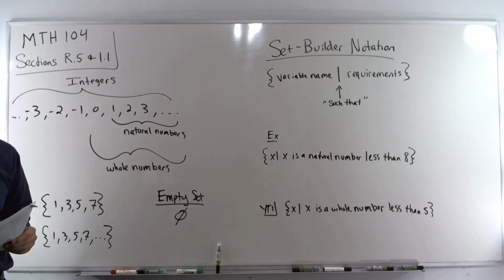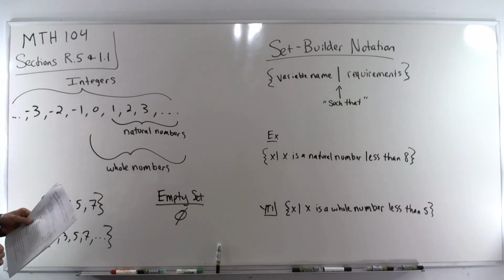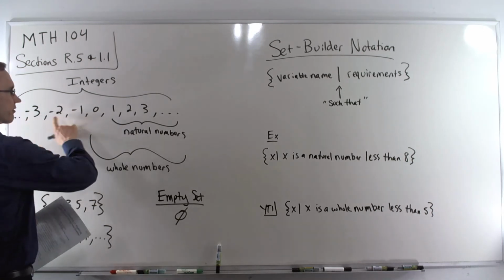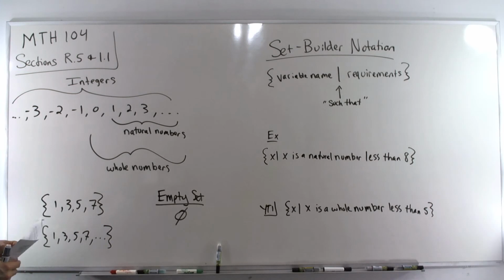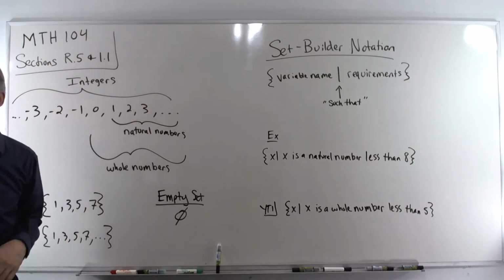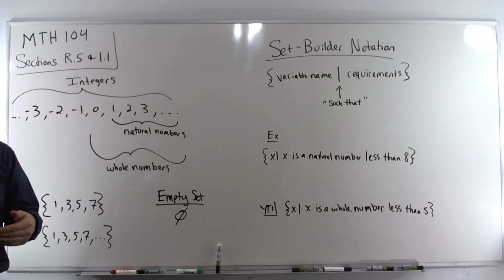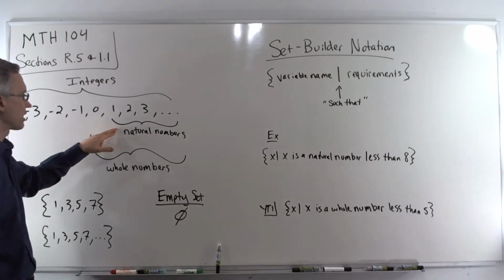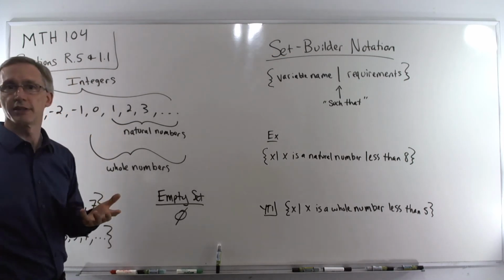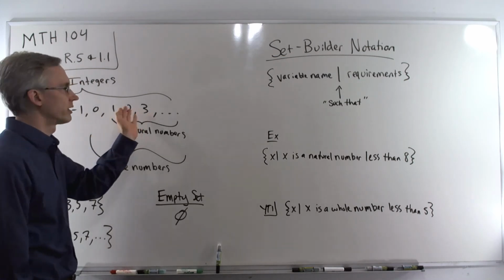Now I've got some number systems. Here's a list of numbers, -3 through 3, and we've got the ellipses, meaning they go on forever. All these numbers are called the integers. That's all positive and negative whole numbers. Now subsets of that, we have the natural numbers, otherwise known as the counting numbers. So that's 1, 2, 3, and so on.